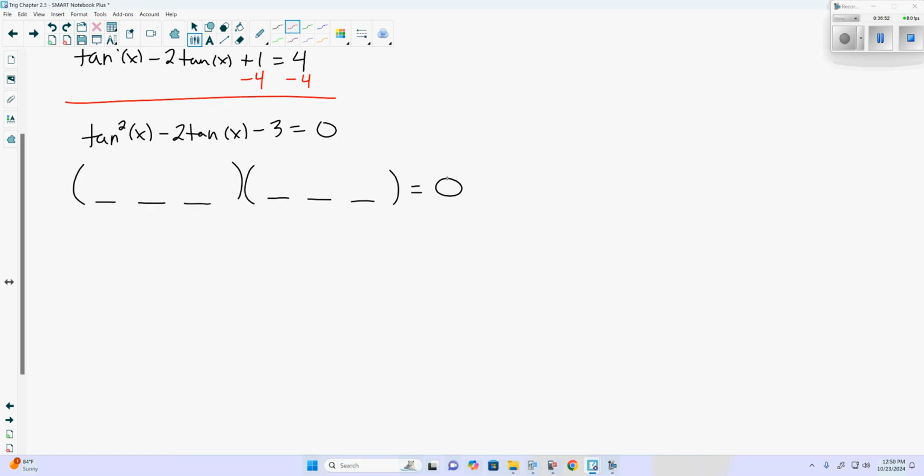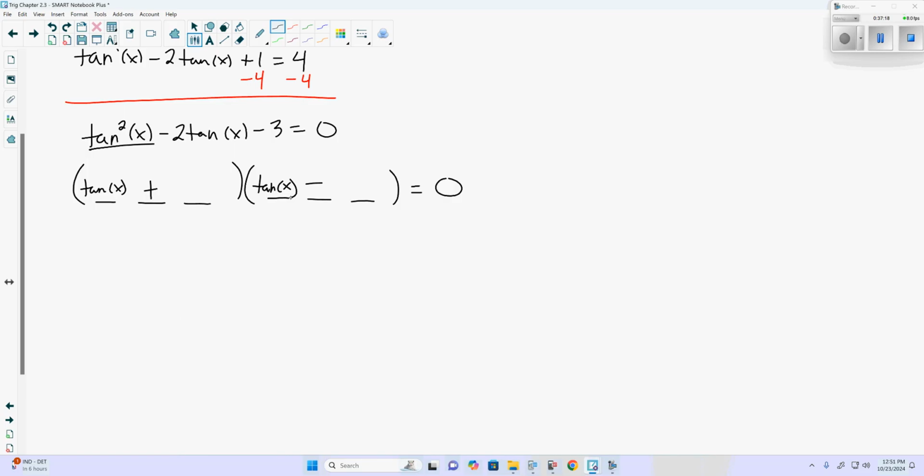Now the nicest way for us to solve this is to factor it, 2 sets of parentheses being multiplied together. Since the third term is negative, our signs are opposite. Factors of tangent squared, our first term, is just going to be tangent of x in tangent of x.